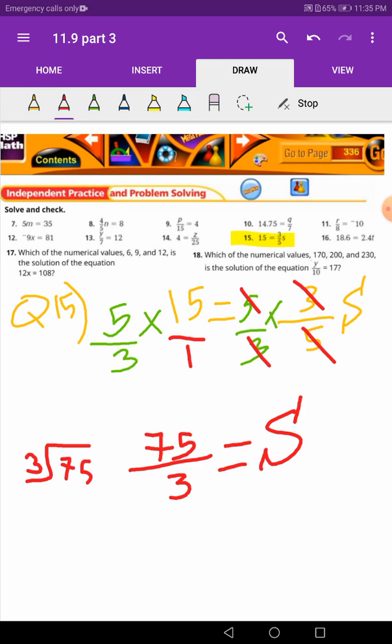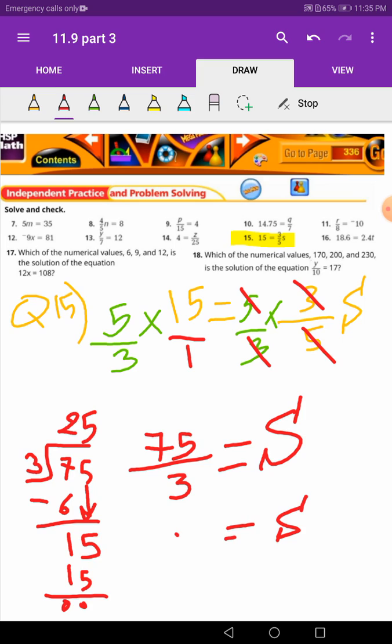How many 3's are there in the 7? There are 2. 2 times 3 is 6. You subtract, it's 1. You need to put the 5 down. 15 divided by 3 is 5. 5 times 3 is 15. So s equals 25.